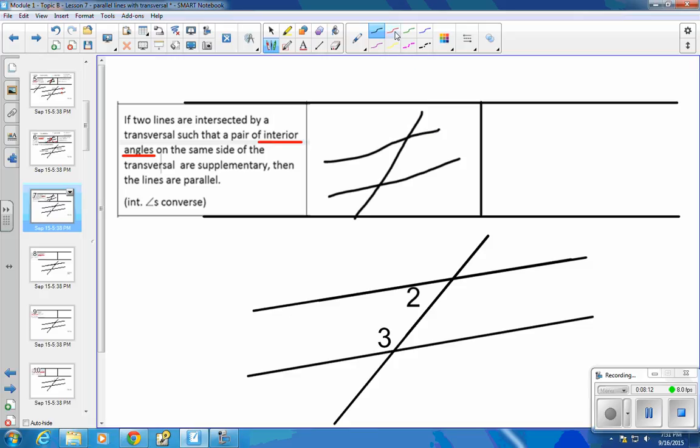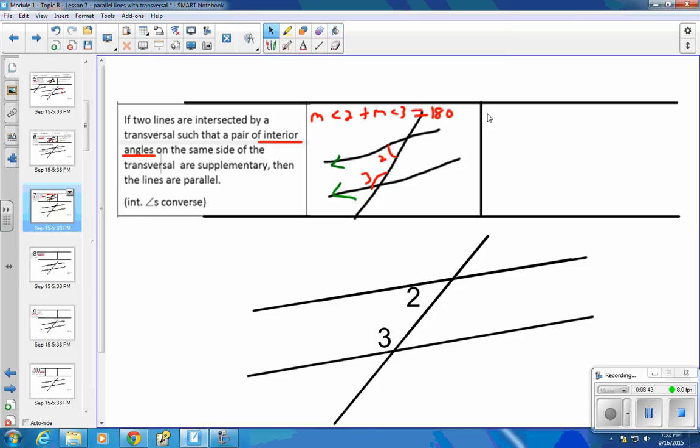So two parallel lines, and you've got your interior angles here and here. And that's angle 2 and that's angle 3. And if we have the measure of angle 2 plus the measure of angle 3 equals 180, then we know that these two lines have to be parallel.